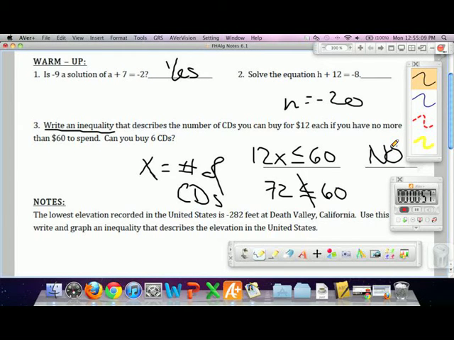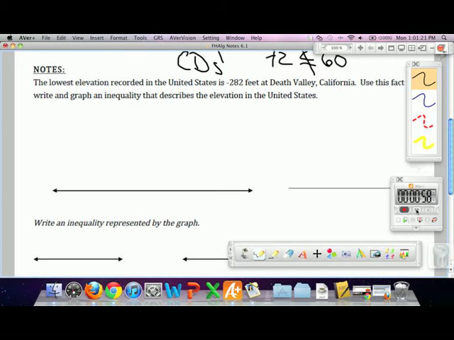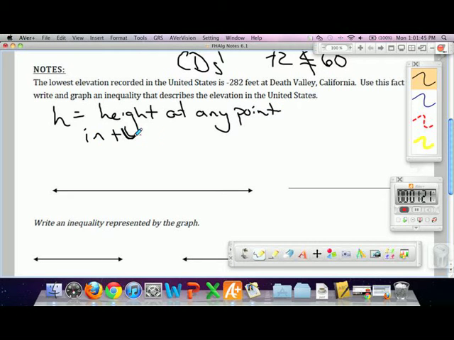If I came up with a variable that represented any height you could be in the United States, I say, how about h is equal to the height at any point in the US.